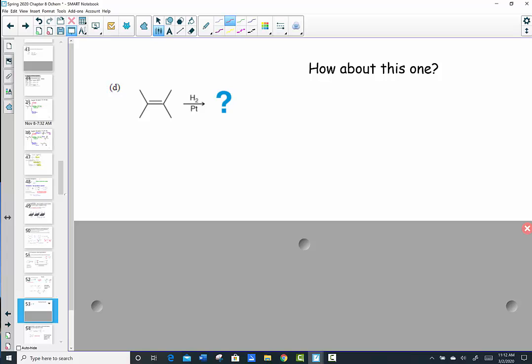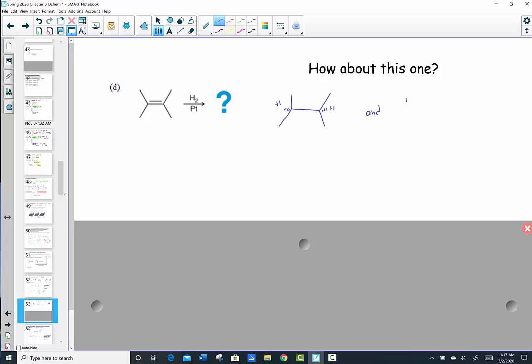How about this one? Pause the video and give it some think time. Our longest carbon chain is a 4-carbon unit. And so therefore, in the presence of a metal catalyst, we have syn addition, meaning that we would add hydrogen either as both dashes or as both wedges.